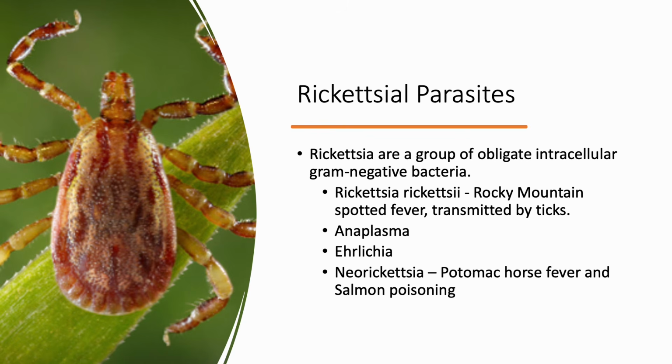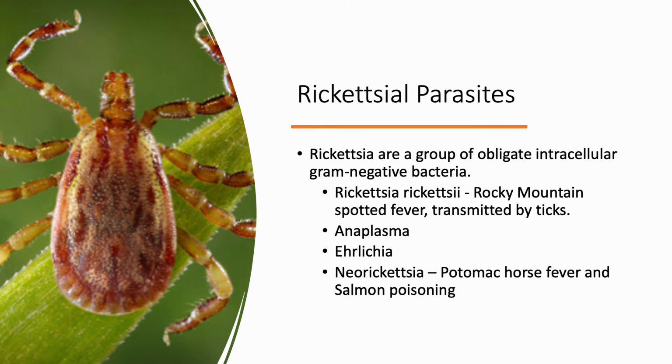Rickettsia parasites are considered hemoprotozoa, and these are a group of obligate intracellular gram-negative bacteria. So this is a whole group of infections, and I'm going to list them and then talk about them individually. So we have Rickettsia rickettsii, which is the infection responsible for Rocky Mountain spotted fever.